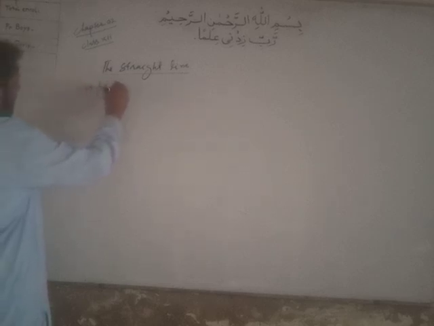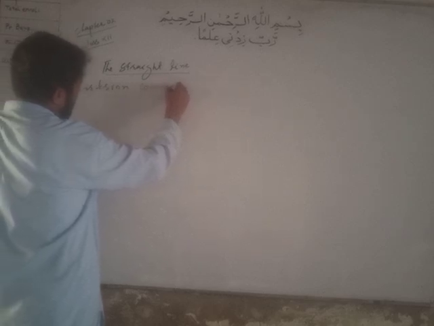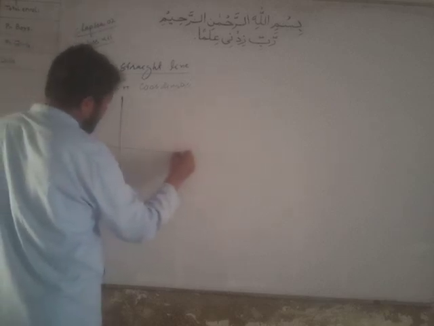So here, first of all, is the Cartesian coordinates. Here are two lines, and this is the plane.